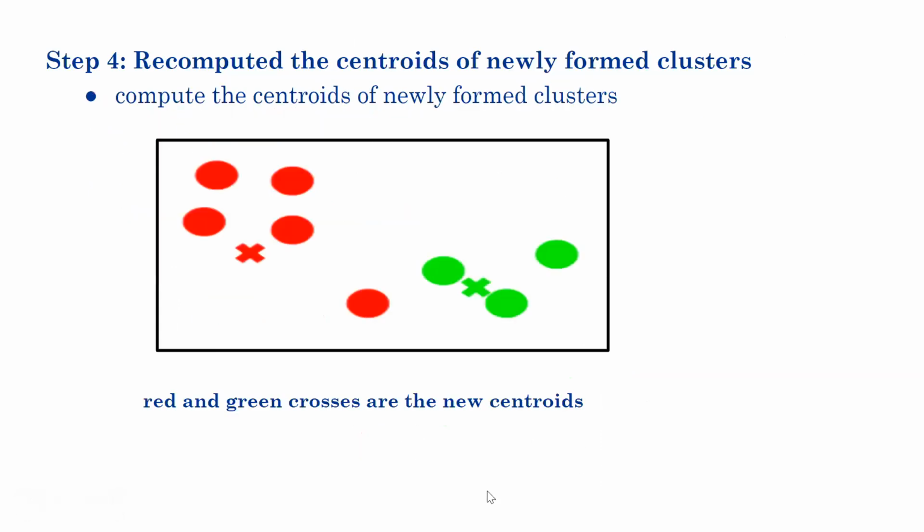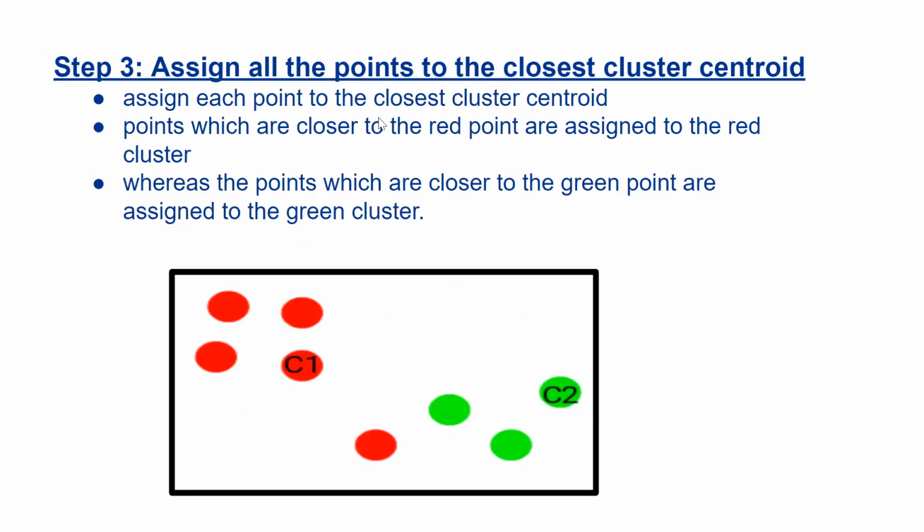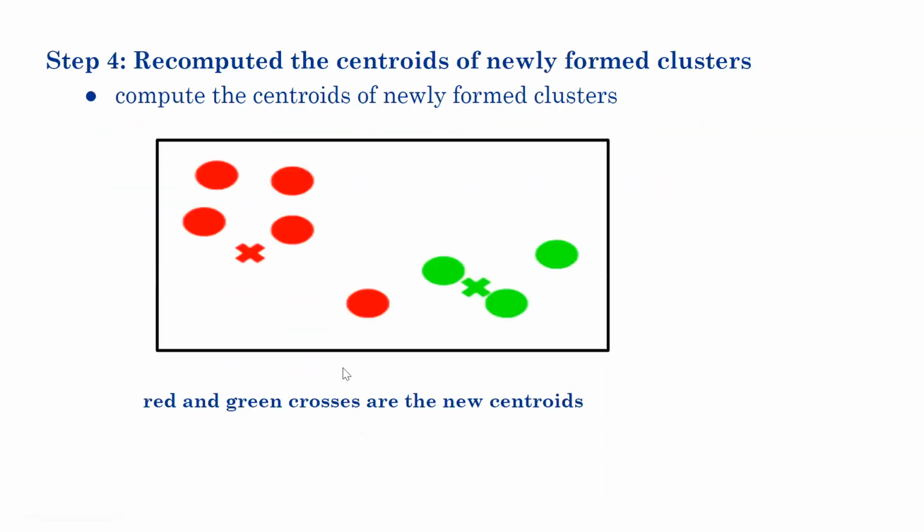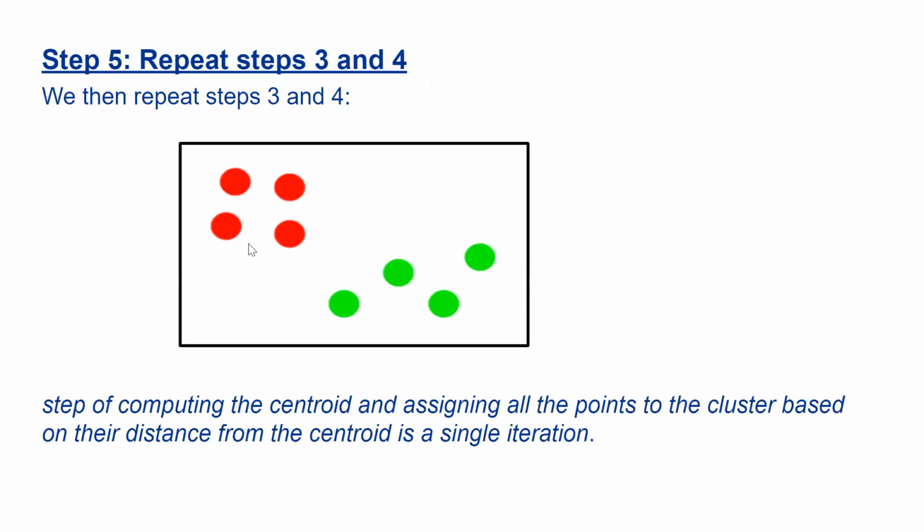Okay, now what will happen? It will again compute the centroids of the newly formed clusters. Before, we had C1 and C2 as centroids, but now we have these, like this is the centroid and this is the centroid for this green one. Now we will find the nearest data points to this centroid, and now it will look like this.